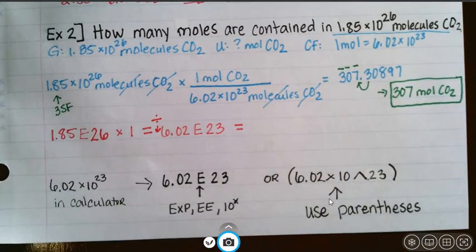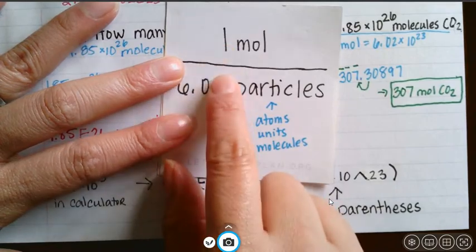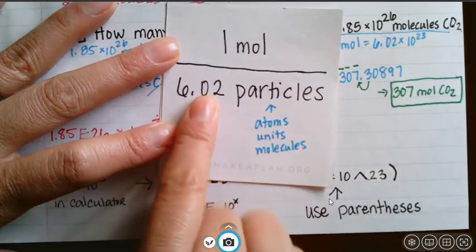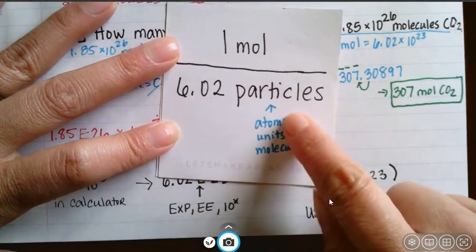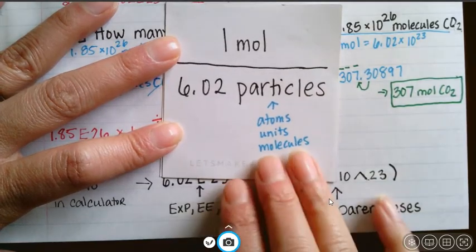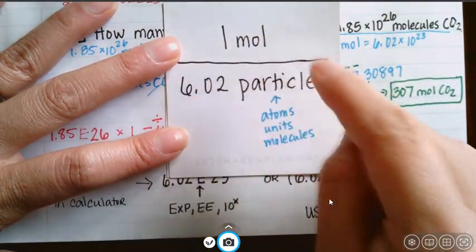All right, a couple things to note. You never change these in front. 1 is going to go with the mole. 6.02 is going to go with whatever type of particle: atoms, formula units, molecules. I never want to see 6.02 moles.